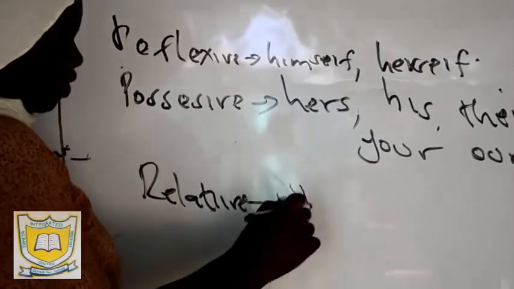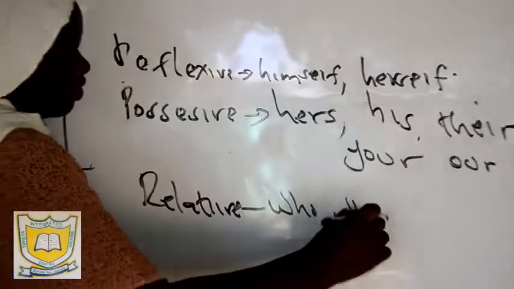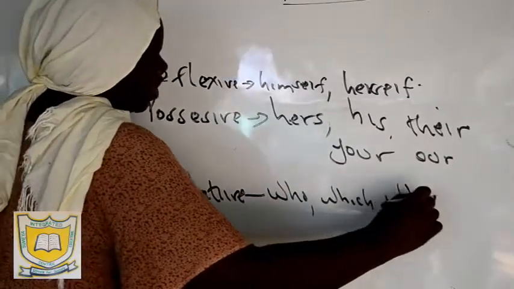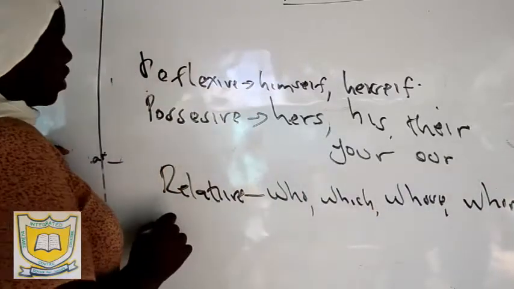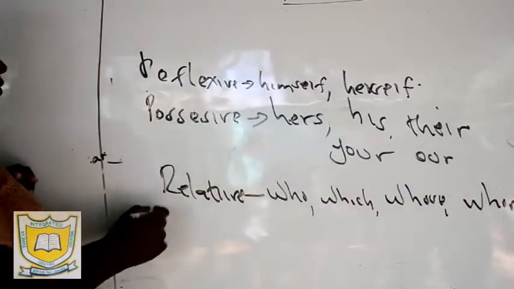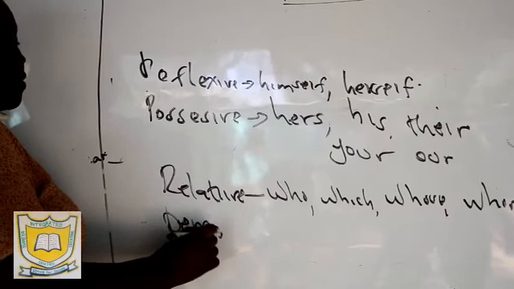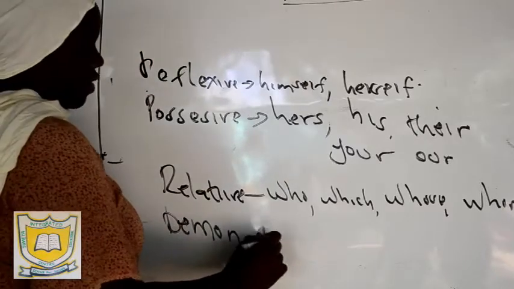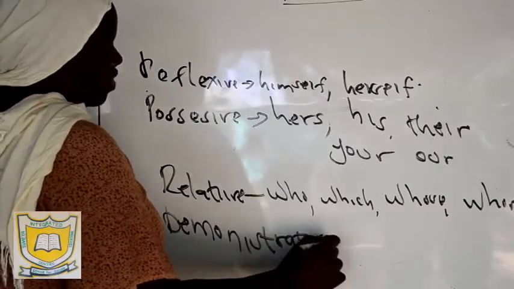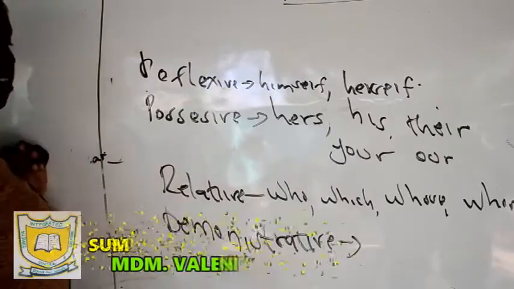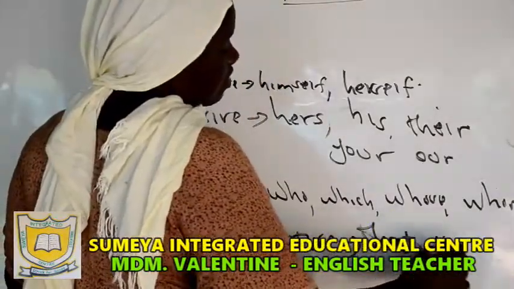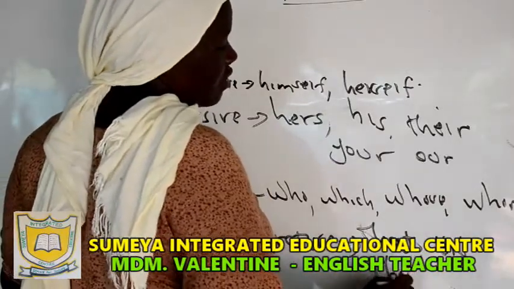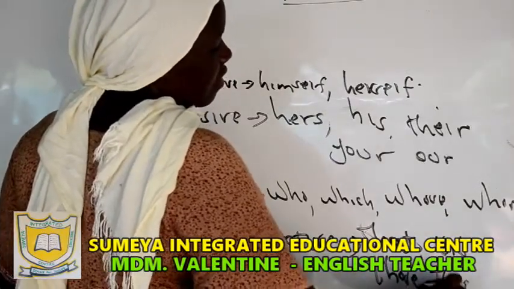Examples of relative pronouns: who, which, whose, and whom. And then we have what we call demonstrative pronouns. Examples of demonstrative pronouns are that, this, and if we have plural, those and these.